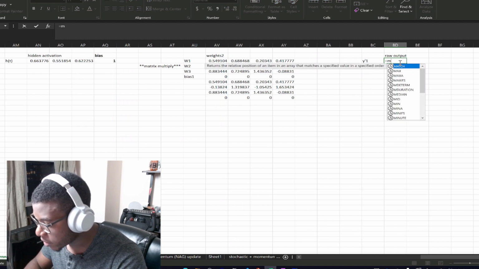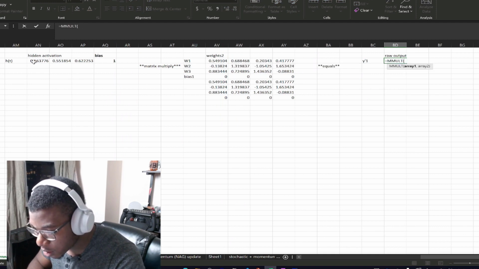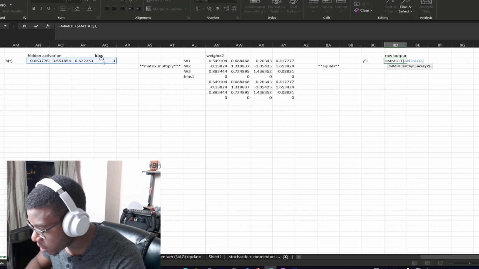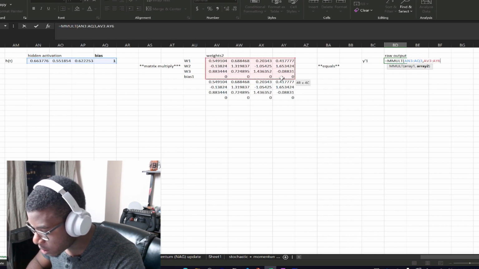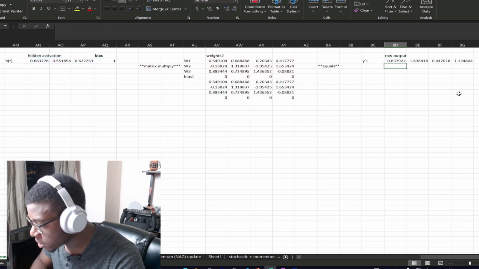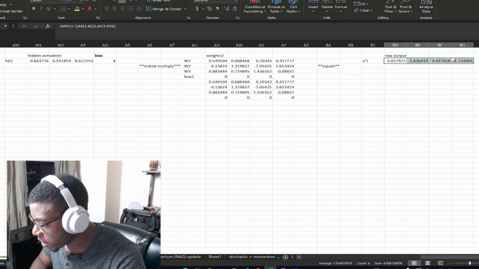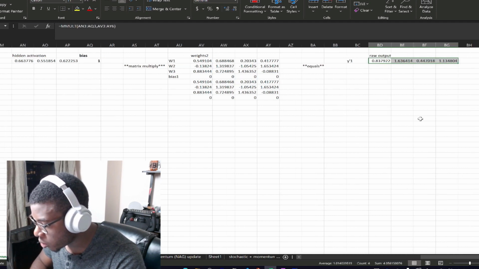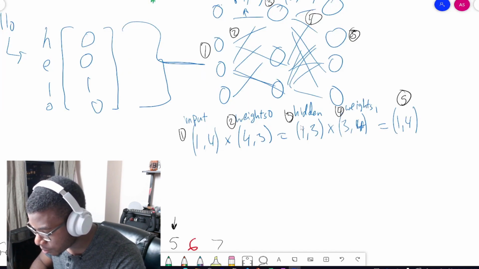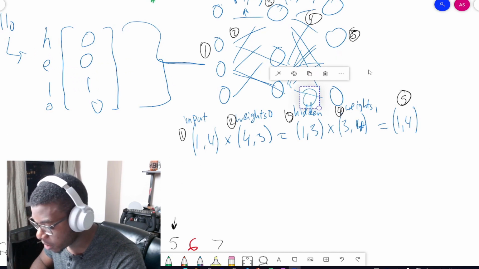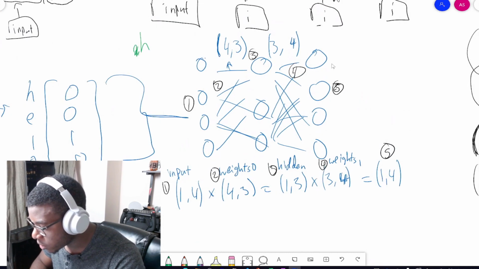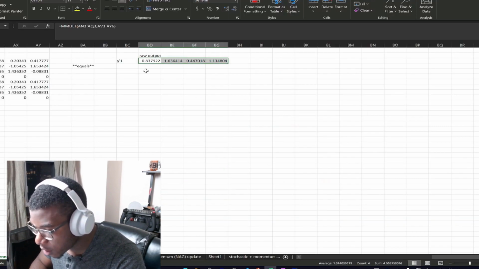So then we have mmult of this guy and this guy, and that should work. And then we have our raw output. Yep, so it should be, my whiteboard is so annoying, 1, 2, 3, 4. Yep, it's a vector of 4 by 1.